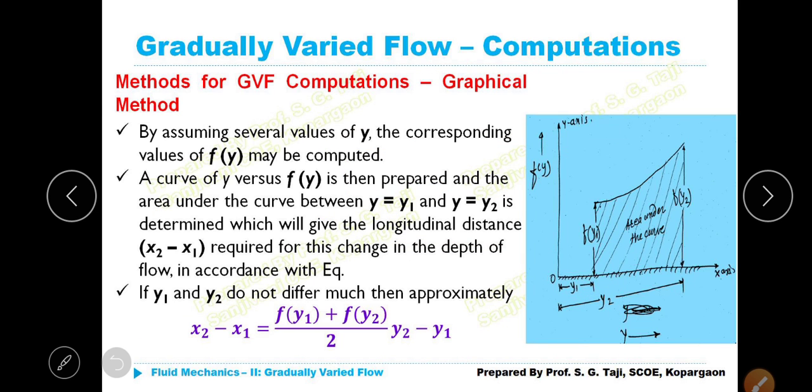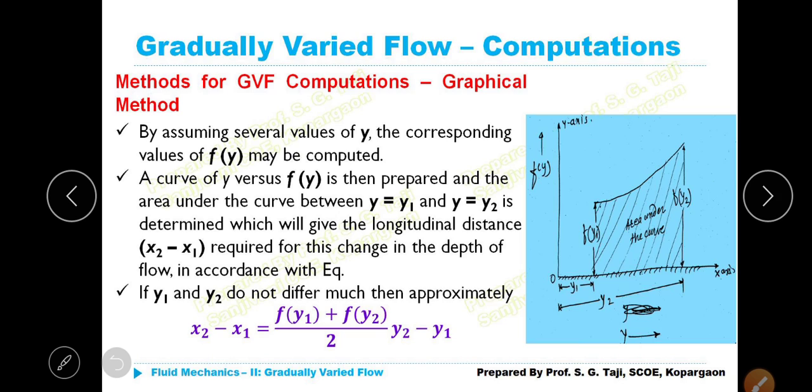Now, methods of GVF computations. Graphical method. By assuming several values, this figure indicates all the parameters which have been taken on abscissa and ordinate. By assuming several values of y, the corresponding values of f of y may be computed.